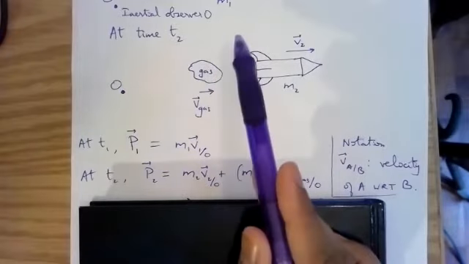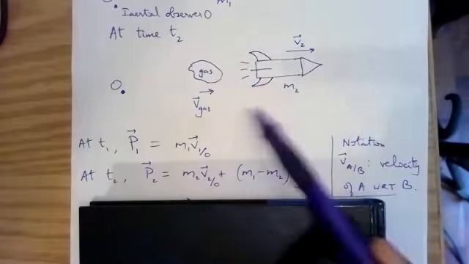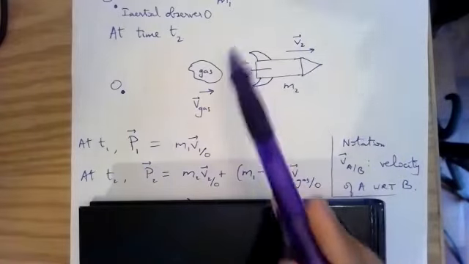So at least in this time interval from t1 to t2, the mass of the system hasn't changed.